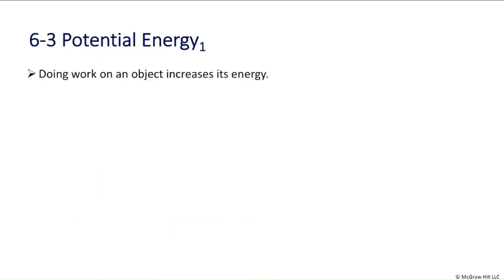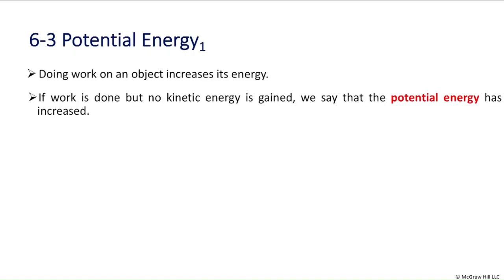Earlier we said that doing work increases an object's energy, and that the work done can equal the change in kinetic energy. But what if there is no change in kinetic energy? Where does the energy go? In that case we say the object's potential energy has increased. So pause here for a moment and think, how is potential energy different from kinetic energy?